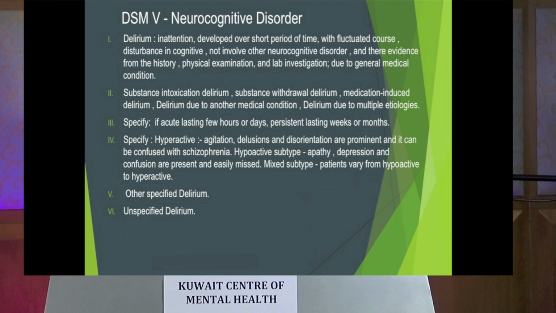Hypoactive type is sometimes very difficult because it can look like depression, and this is where we cannot differentiate. Usually it comes with apathy, depression, and confusion. And there is a mixed type, where the patient fluctuates between the two. The other category will be other specified delirium and unspecified delirium.